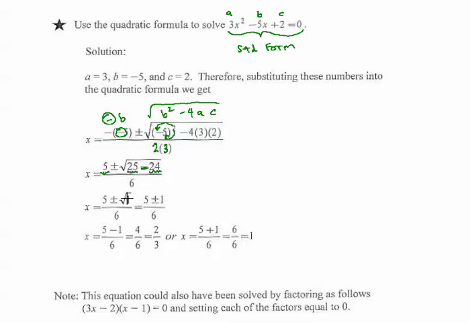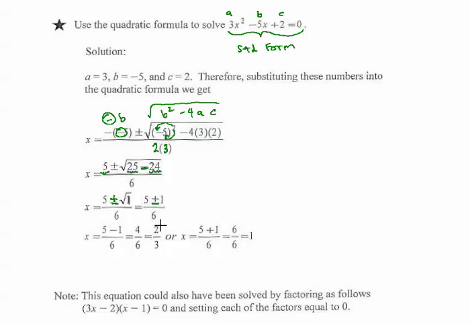25 minus 24 gives us a 1 inside the radical, and so what you should see here is this plus or minus, which opens the possibility, and in this case we definitely have two answers. We have 5 plus 1 over 6, and we have 5 minus 1 over 6.